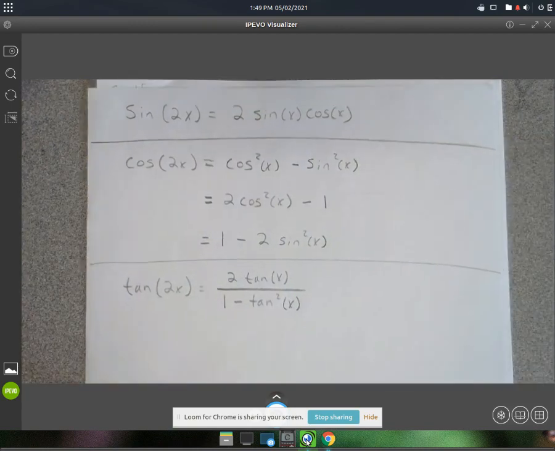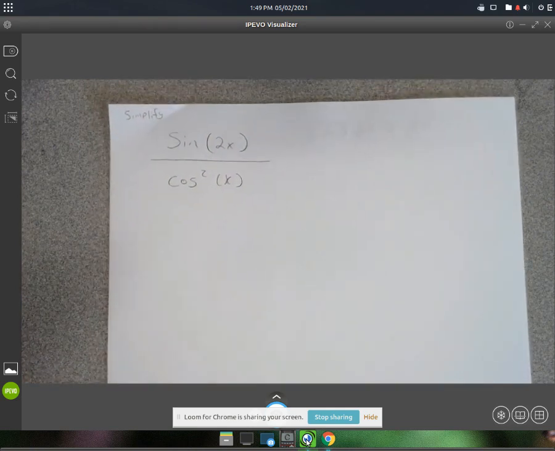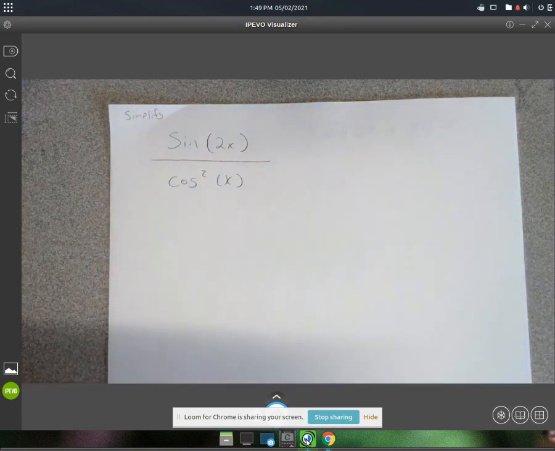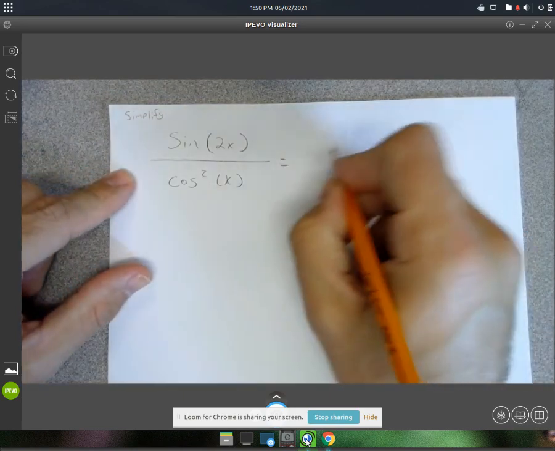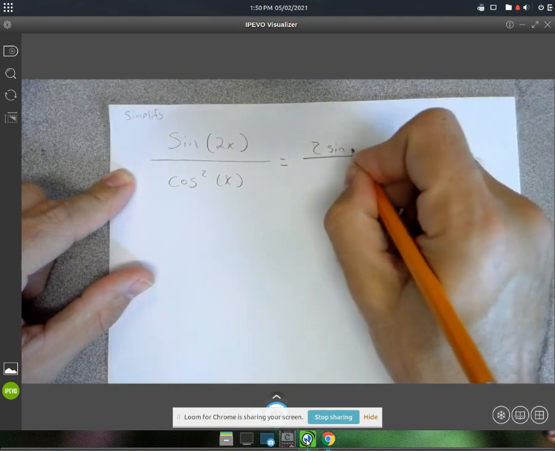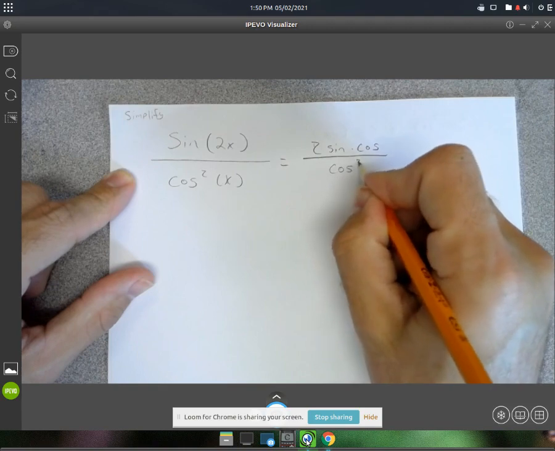All right, let's go ahead and do a couple of easy examples for where these double angle formulas get used. The first place is simplifying trig expressions. We know that sine of 2x is equal to 2 sine x cosine x, and we're going to use that to simplify this trig expression here. So I'm just going to replace this with 2 sine x cosine x, and the bottom is still cosine squared.